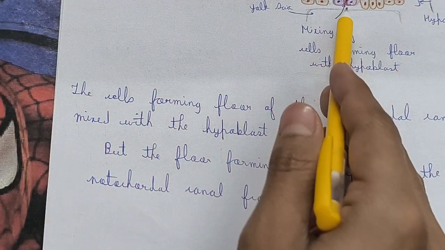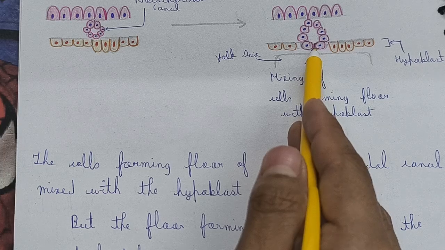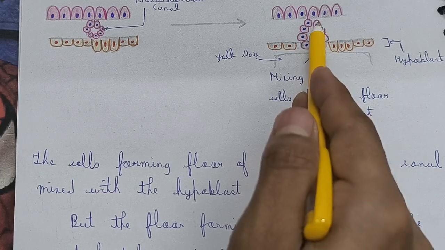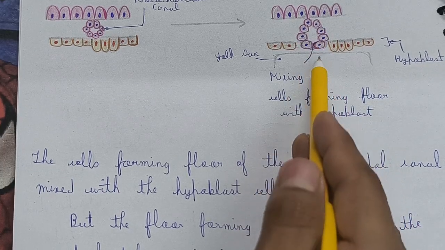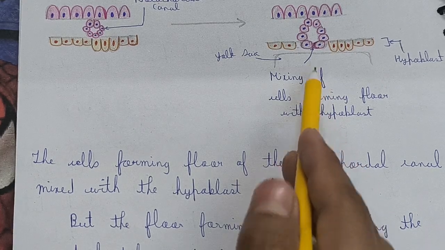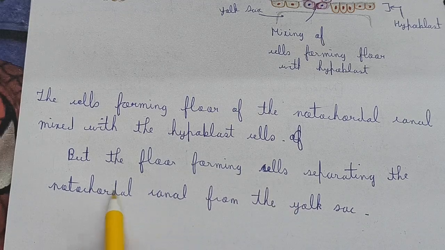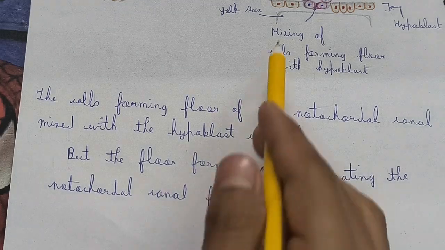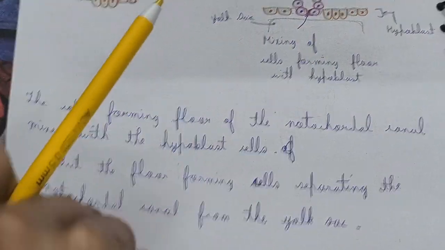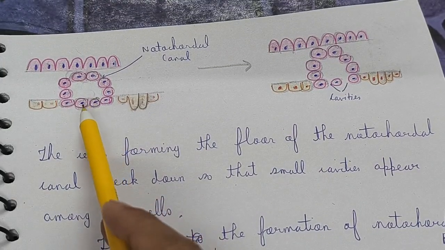Due to this, the notochordal canal is not connected with the primary yolk sac. Therefore, the floor forming cells separate the notochordal canal from the yolk sac because there is no space. In this diagram you can see the notochordal canal.